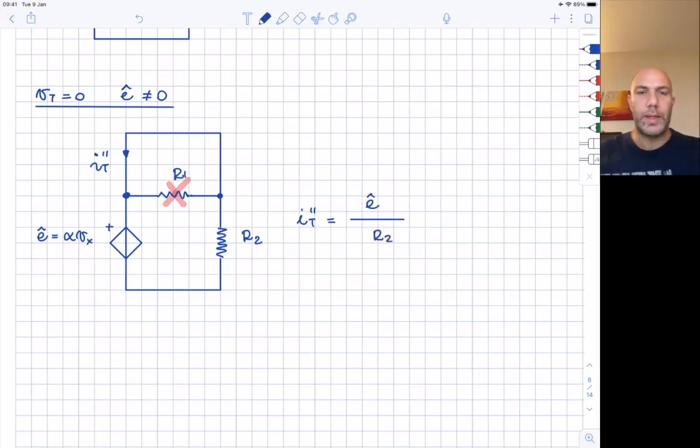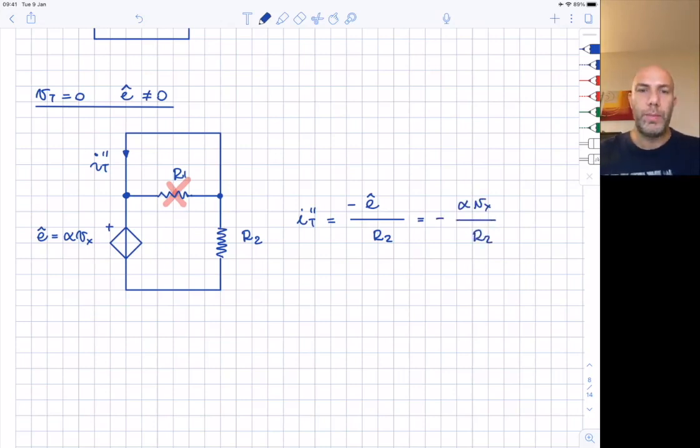But note that this current is the current supplied by the generator. We want to know the current with the opposite direction, and so we need to put a minus sign. Or, in other words, we have minus alpha Vx divided by R2.